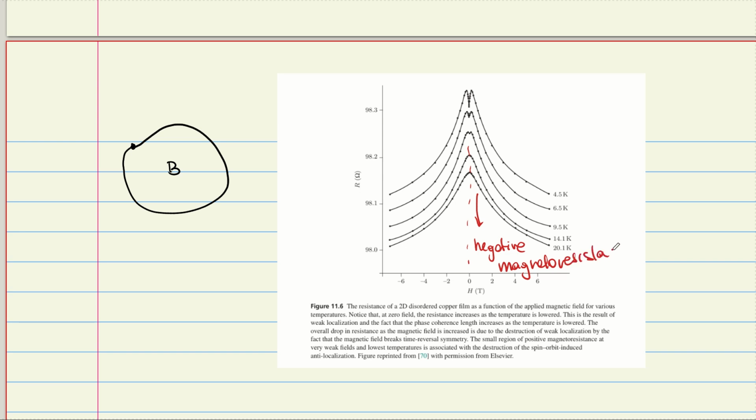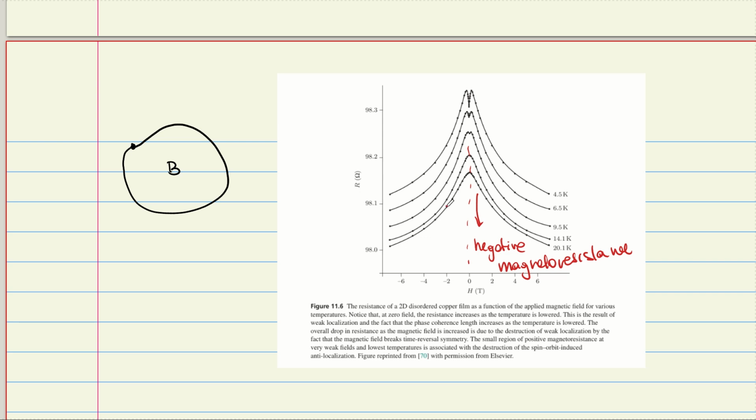A little bit of terminology, but it's okay. And what this means is as soon as you turn on the magnetic field in positive or negative direction, resistance is decreasing. That means conductance is increasing. And if conductance is increasing, that means localization is being destroyed, right? This effect we are talking about is destroyed with magnetic field, and that's exactly the scenario we have outlined.